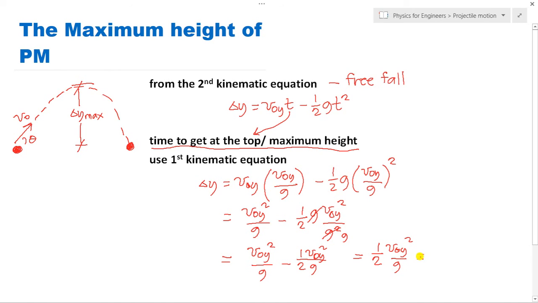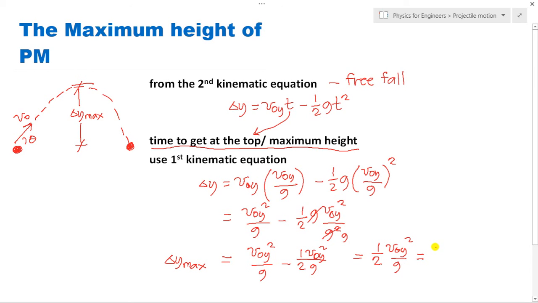And we write the final maximum height. So this is delta y max. We write the maximum height in terms of the initial velocity, v naught. So recall that Voy is equal to Vo sine of theta.